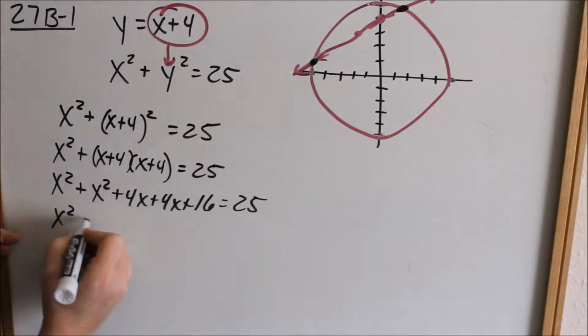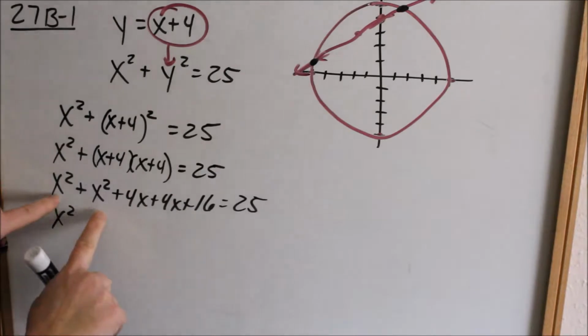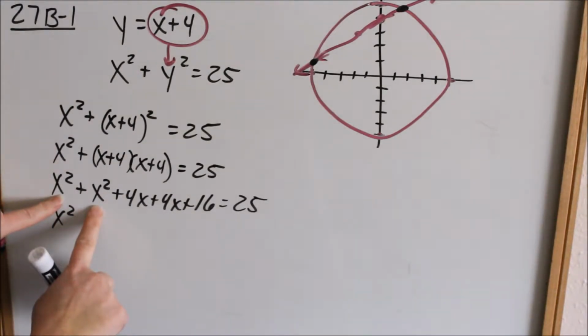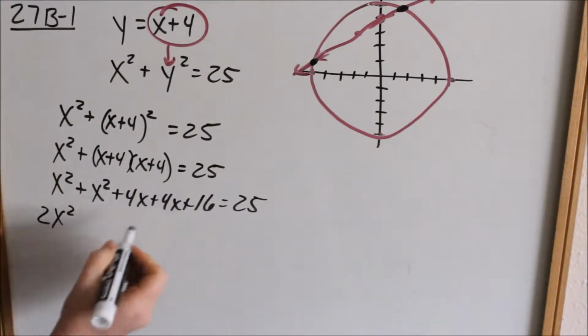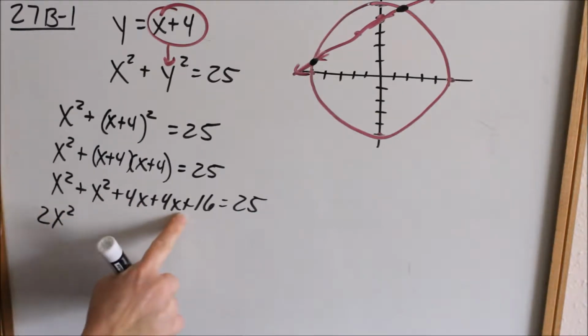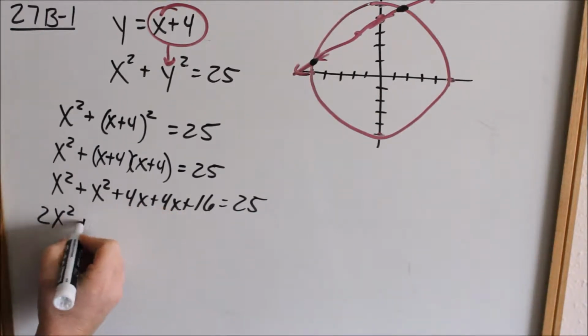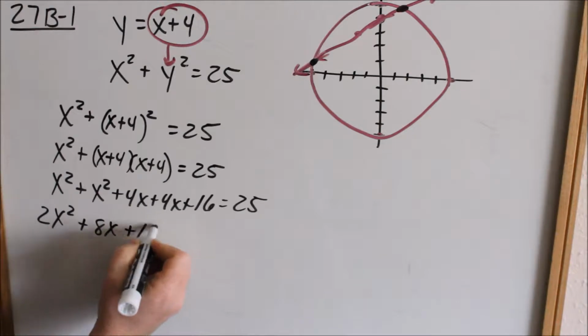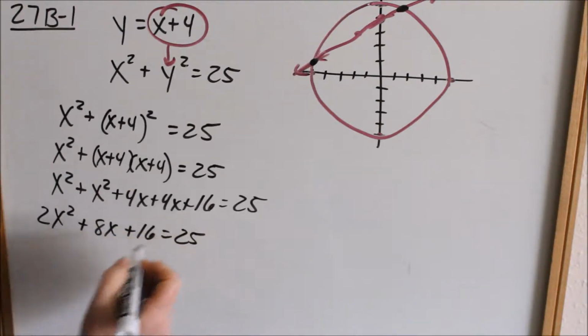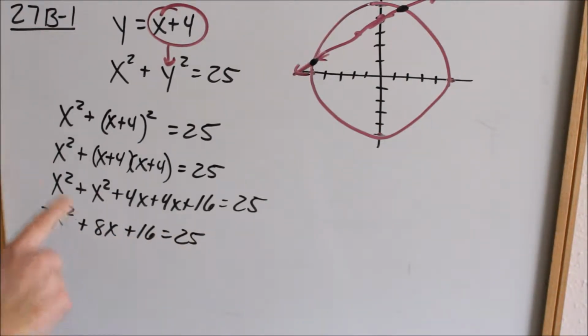If I combine my like terms, x squared plus x squared is 2x squared, and 4x plus 4x is 8x, plus 16 equals 25. I am trying to solve for x because that will give me the x coordinates, and then I need to solve for y for my y coordinates.